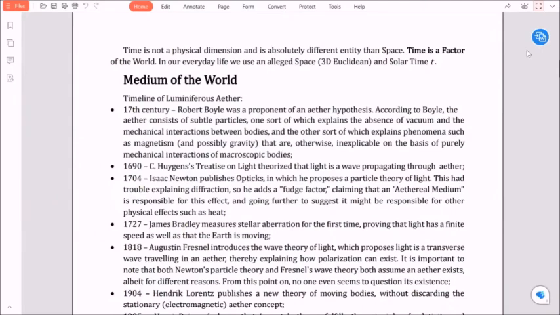It is important to note that both Newton's particle theory and Fresnel's wave theory assume an ether exists, albeit for different reasons. From this point on, no one even seems to question its existence.